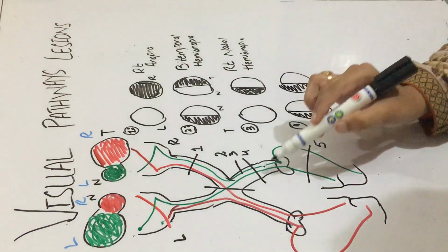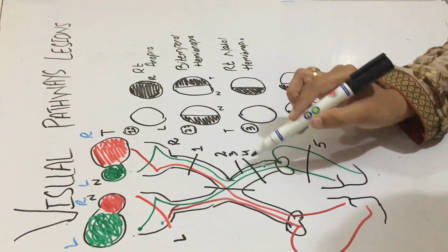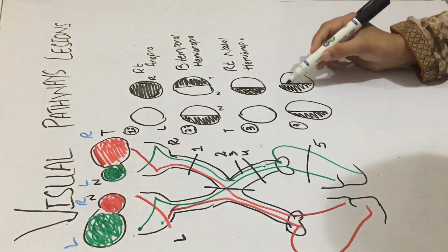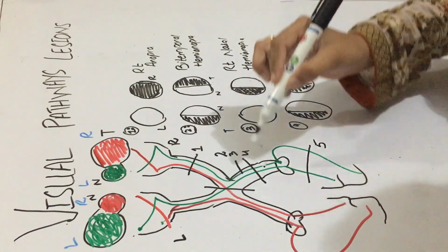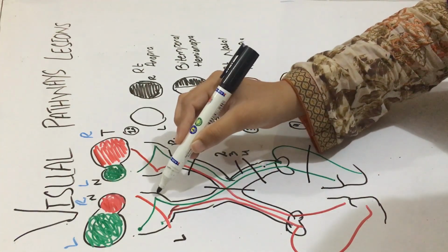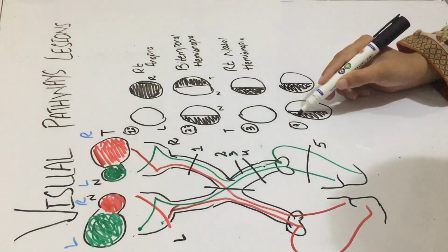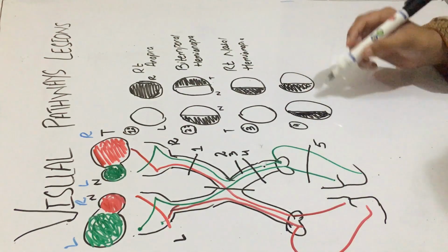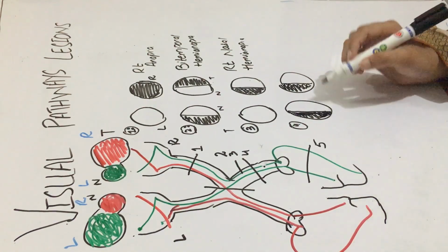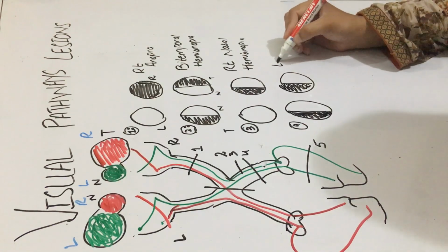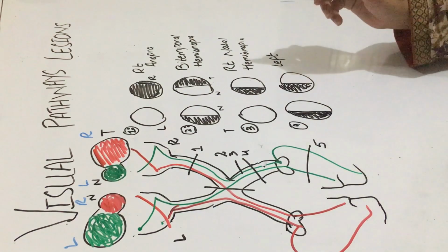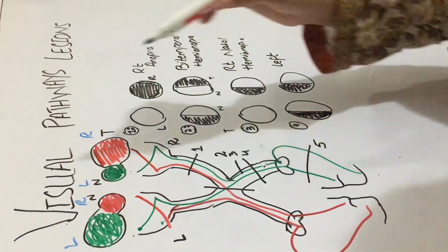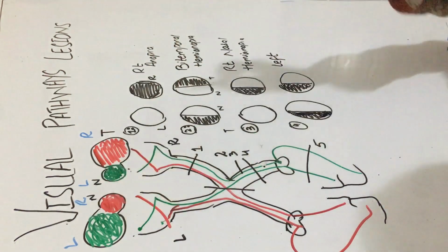If there is a lesion at the optic tract, you can follow that this is coming from the nasal side of the right eye, and these fibers are coming from the temporal side of the left eye. So what will we name it? It would be left. Why do we call it left? Because the green fibers are affected, and green is the left visual field.